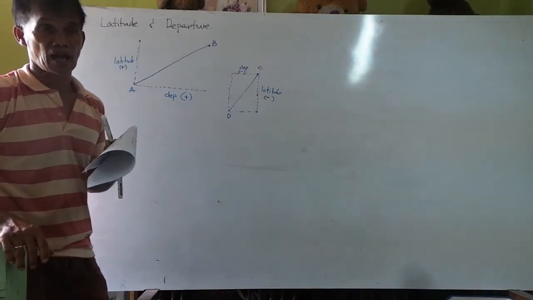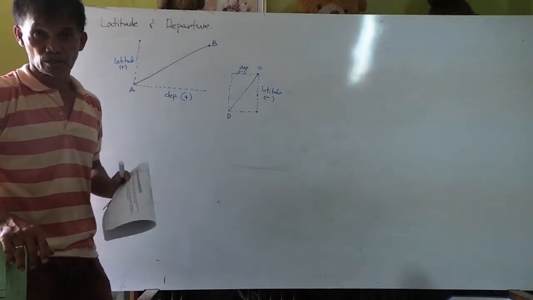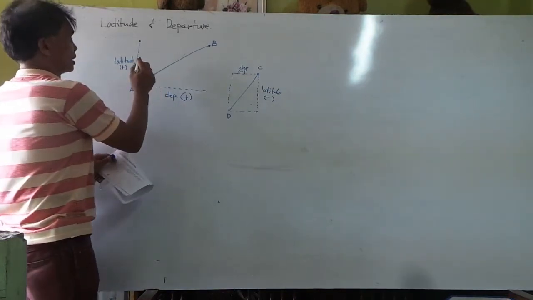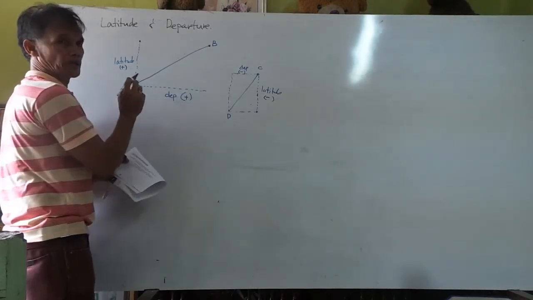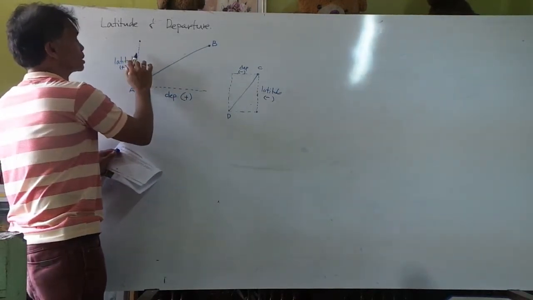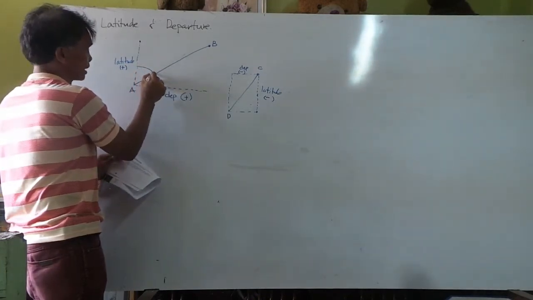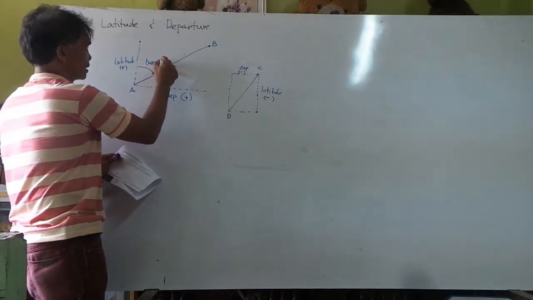That's it. We define bearing as the angle from the south or the north going to the east or the west. For this line, our bearing is from the north going to the east. This is your bearing.